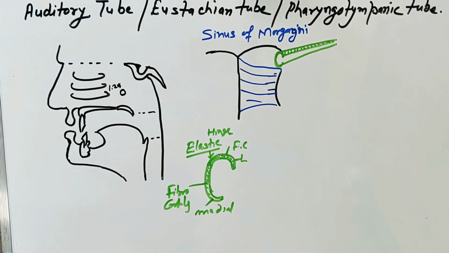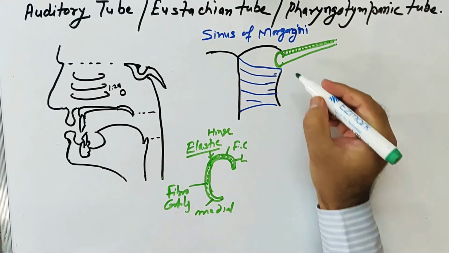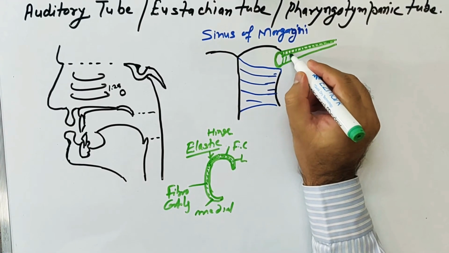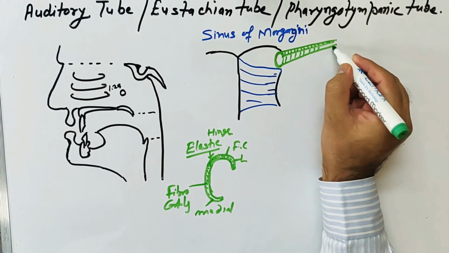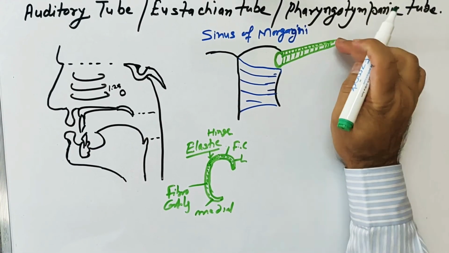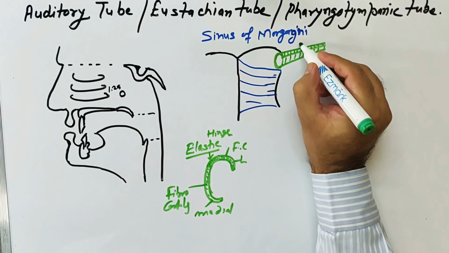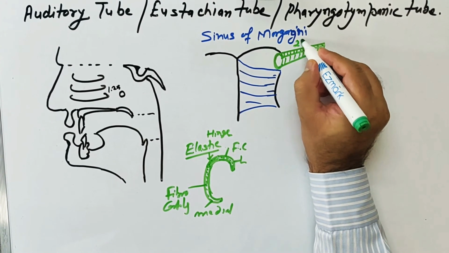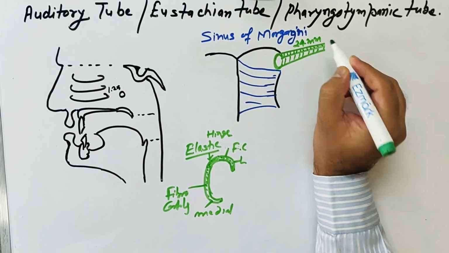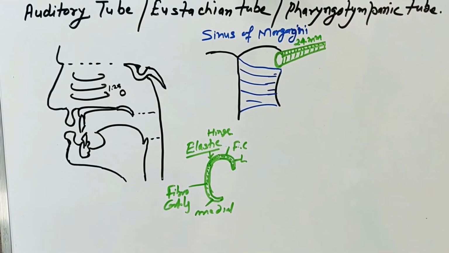And in the rest of the part you can see a membrane is also present, this fibrous membrane. The length of this cartilaginous part is about 24 millimeters, and it has a bony part, the lateral part.